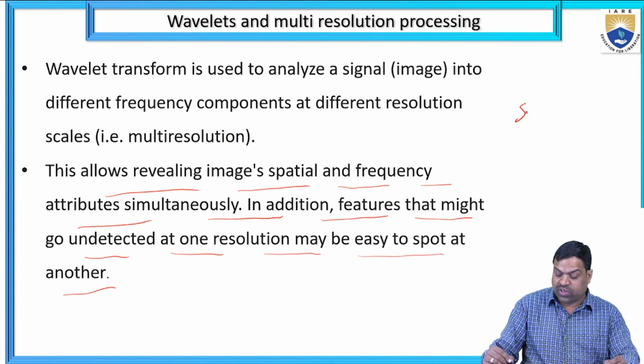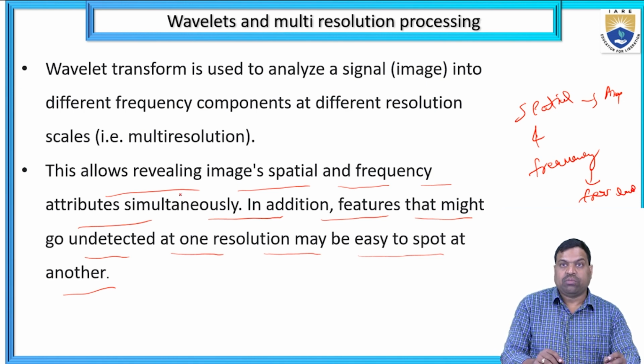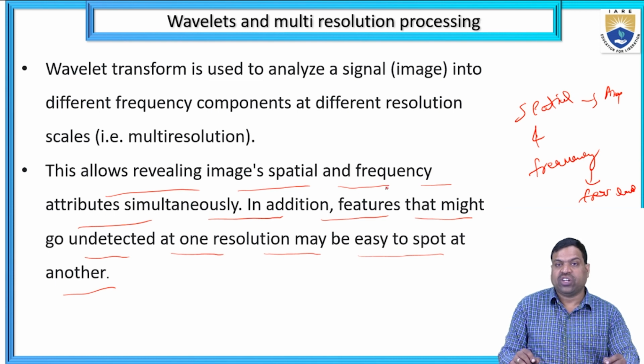When you go for spatial and frequency, spatial depends on our pixels, and frequency depends on frequency levels. So for every wavelet transform or any multi-resolution, we are dividing into spatial and frequency levels.